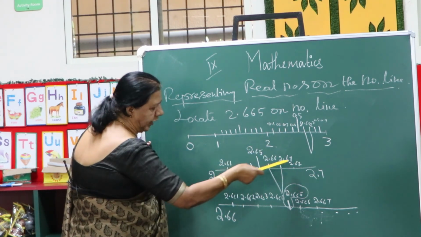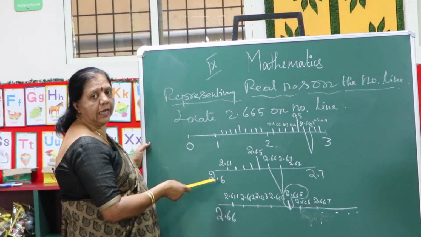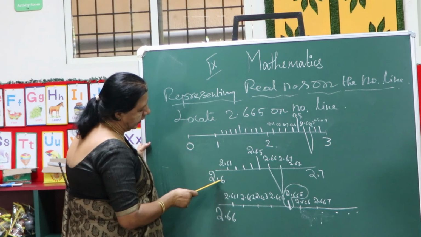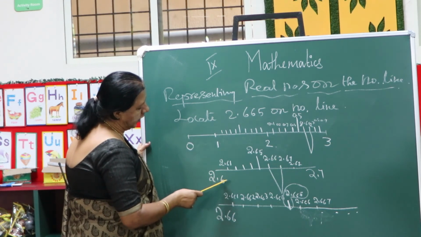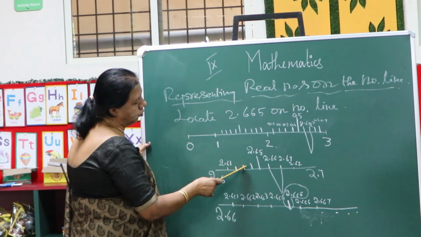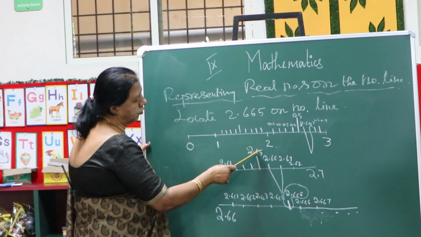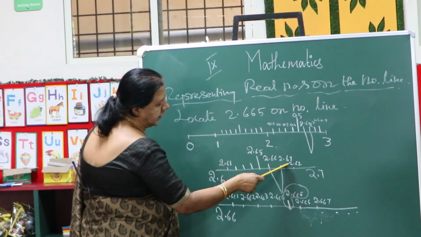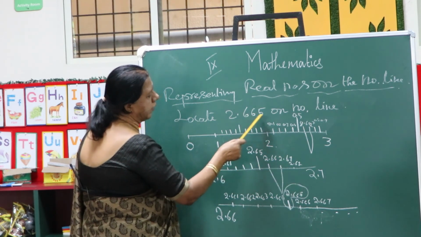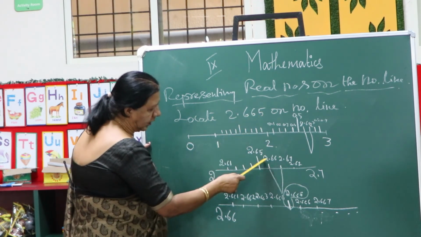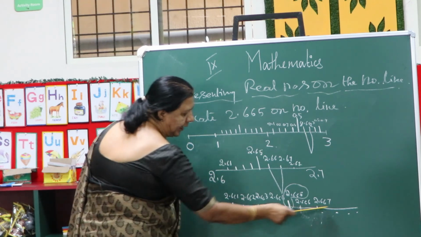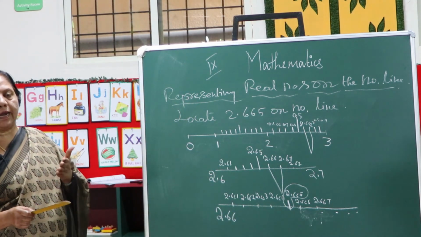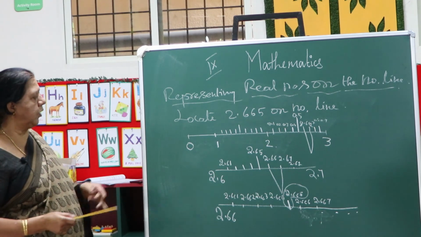In between also 10 lines will be decimal points. These are micro decimal points. So I have taken 2.61, 2.62, 2.63, 2.64, 2.65, 2.66, so 2.67. In between we are finding 2.665. Once again 2 points you take. Between the distance once again you take 10 lines.